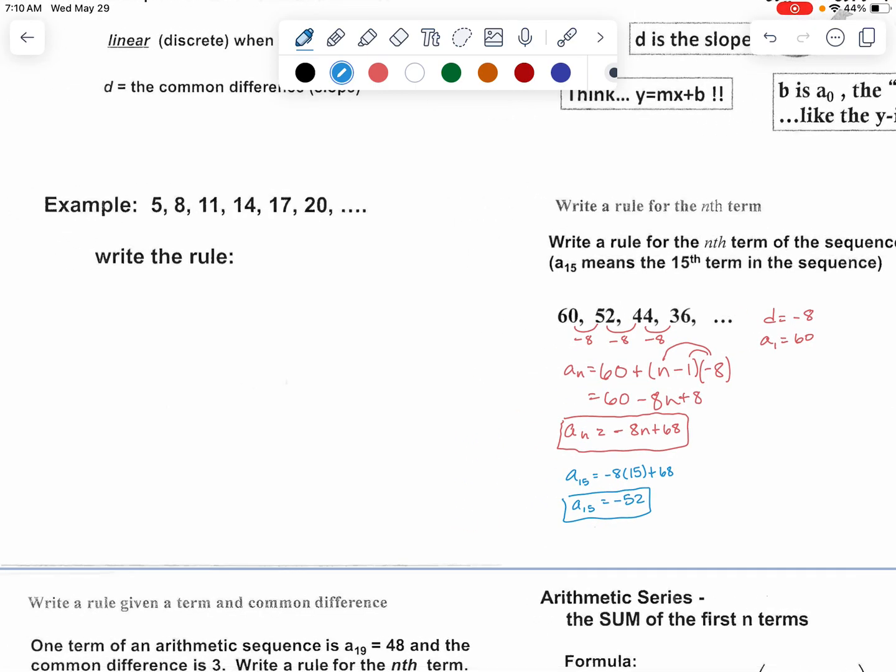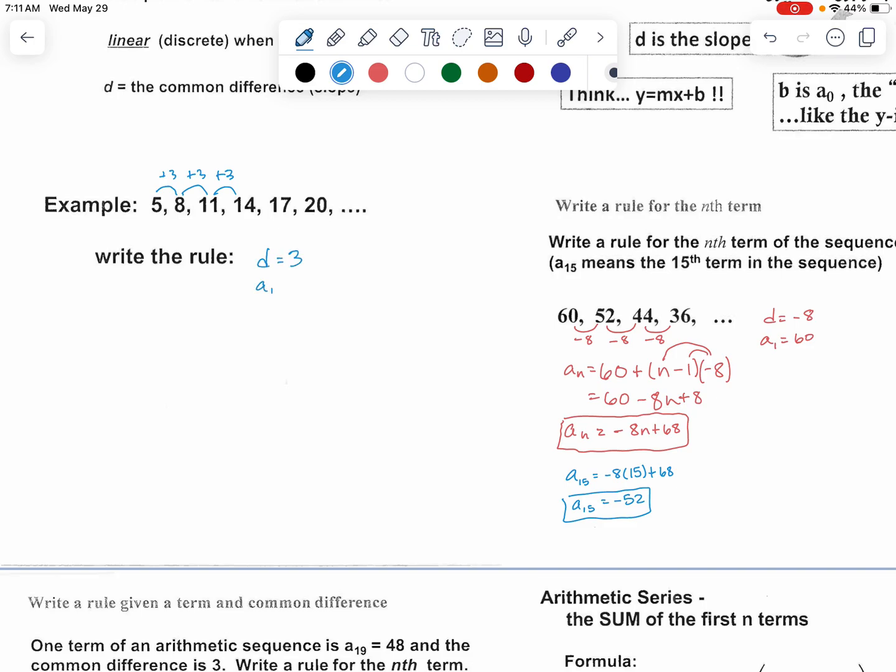Okay, if we look at this example on the left, you are adding 3 every time, right? So we know our common difference has to be equal to 3.